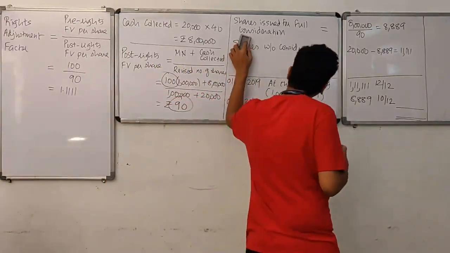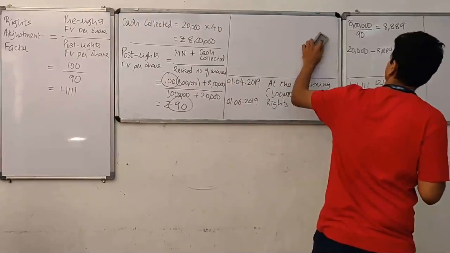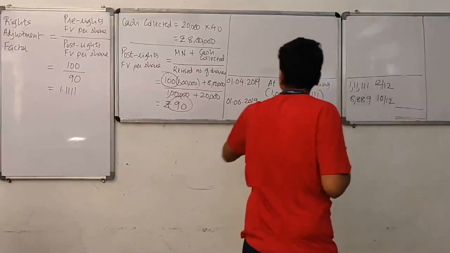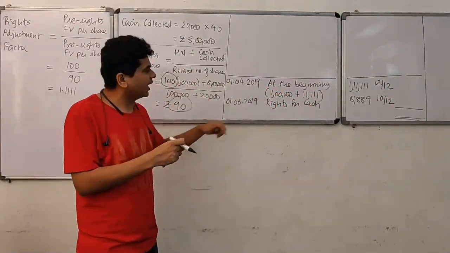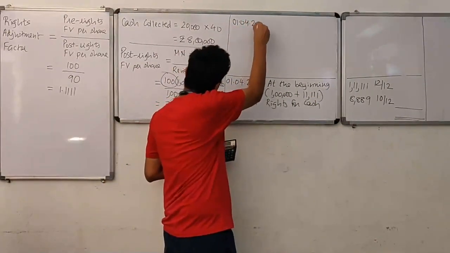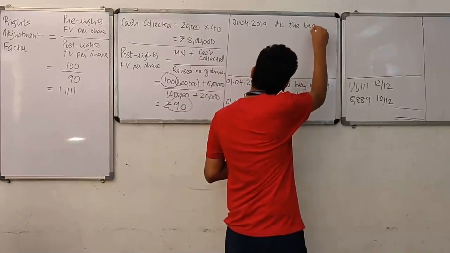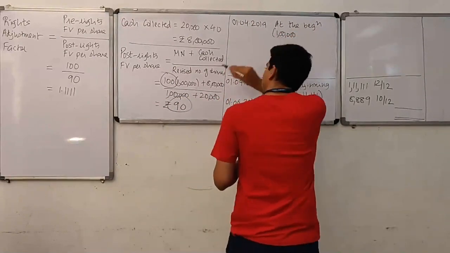Now just see how we will consider it as per the standard. Okay. As per the standard, we will now do something like this. Try to compare it with the earlier calculation that we had done. We again introduce 1st April 2019. Yes, we again say at the beginning. Now we know at the beginning there were 1 lakh shares.